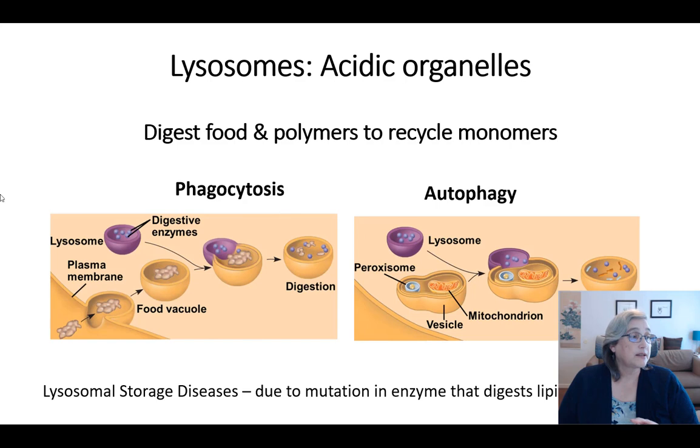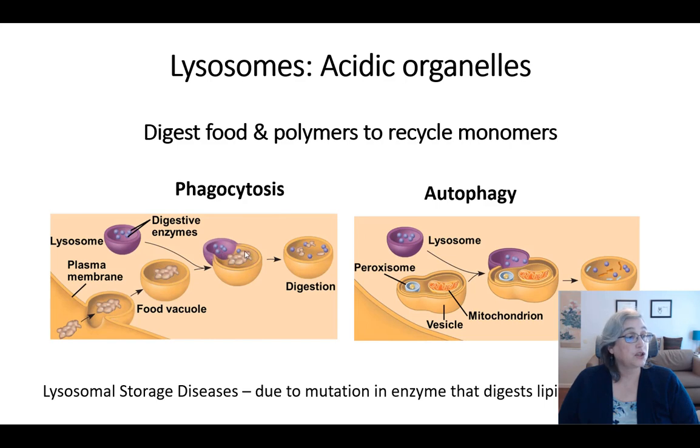All right, in the process of phagocytosis, there is something that's coming from outside the cell, and here it's a little piece of food that's engulfed. This food vacuole fuses with the lysosome, and then the combined structure has a lower pH than the cytoplasm.